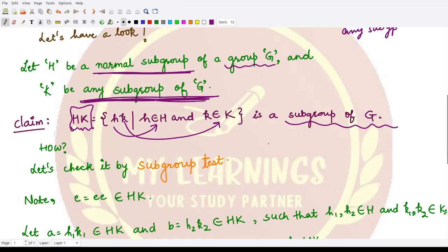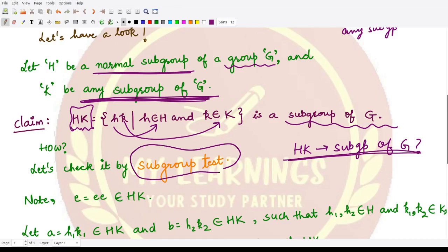Now, how is this so? Let's check whether this HK is a subgroup of G. In order to check that, we can apply the subgroup test. The subgroup test tells you that first of all the identity should be in the set. Moreover, if you take any two elements from this set, then AB inverse should also be present in HK.